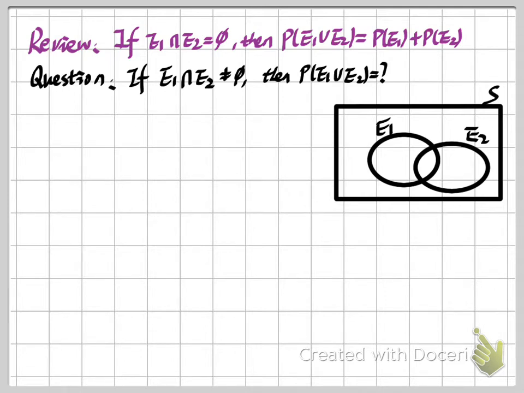There are several ways to do this. The first is to think of the union of E1 and E2 as everything in the red shadowed circle plus the part shadowed by the color blue.